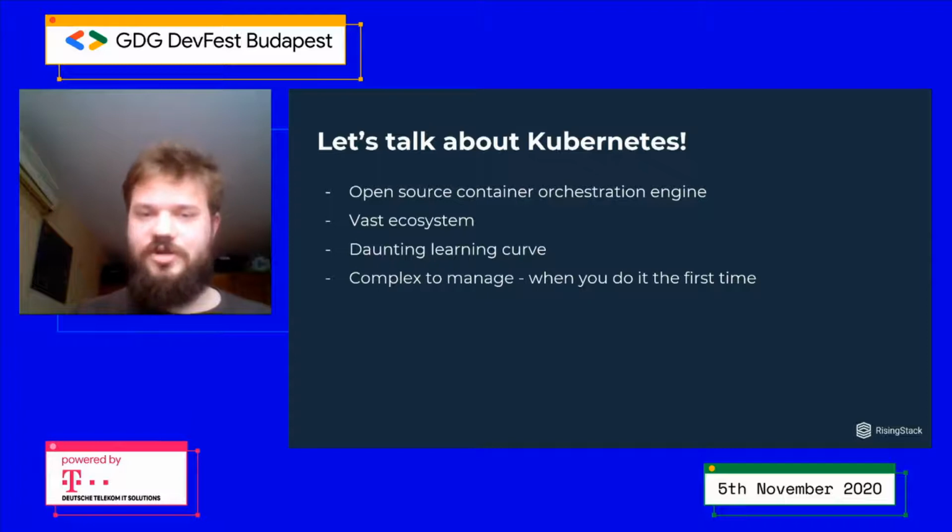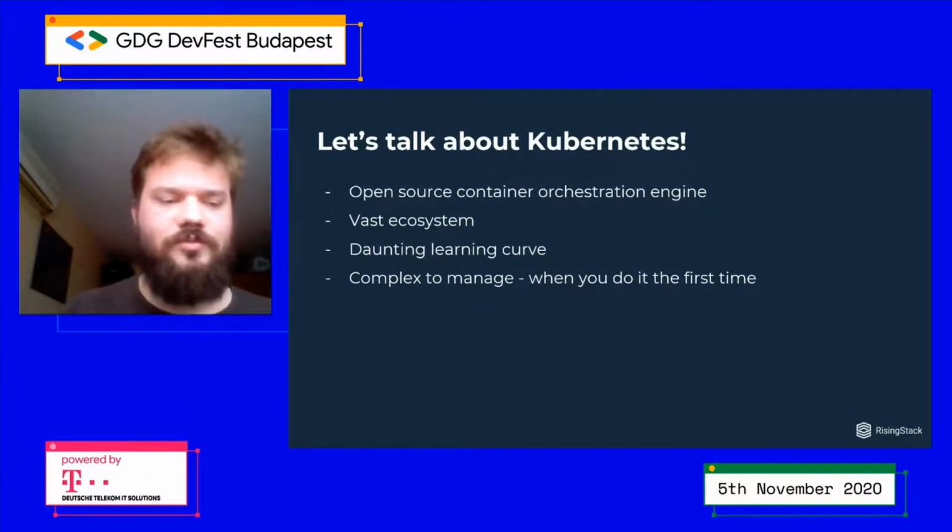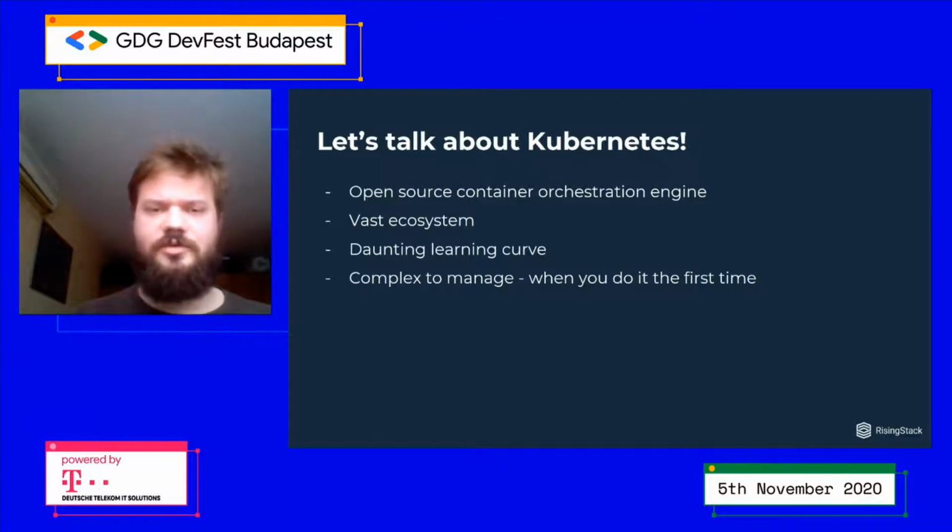So if you're just starting out right now, as I think Marku said before, then it's better to start with small things and not with the whole package straight away.